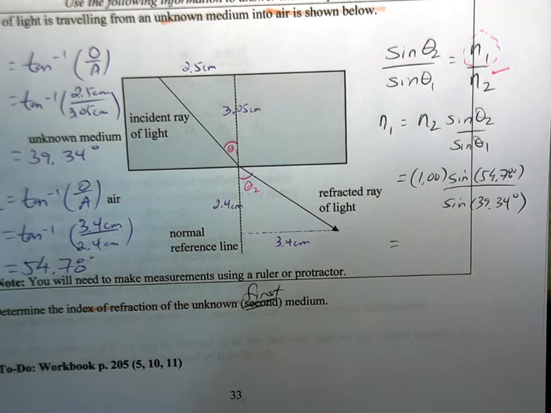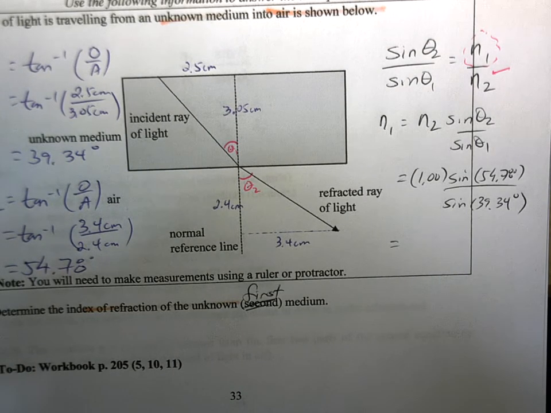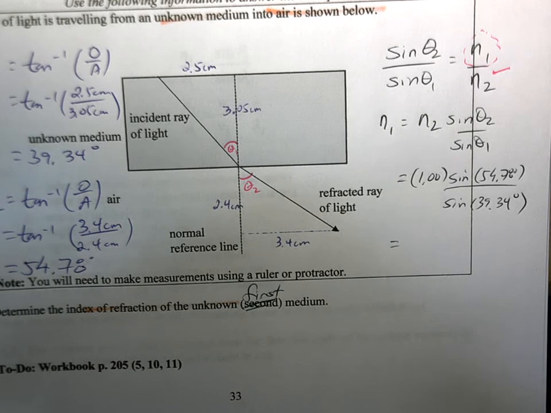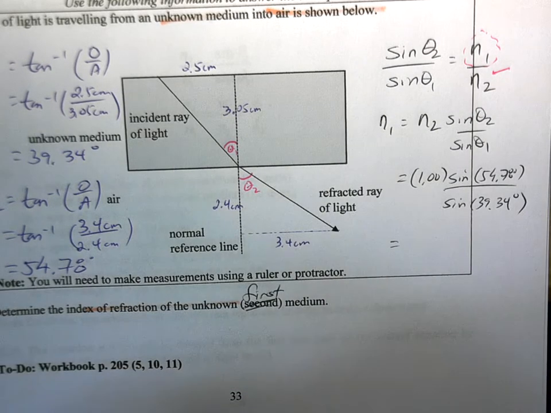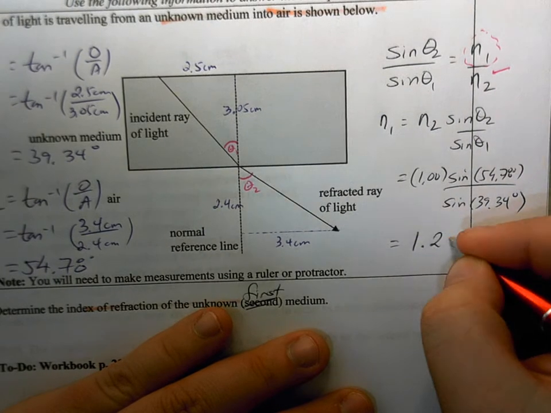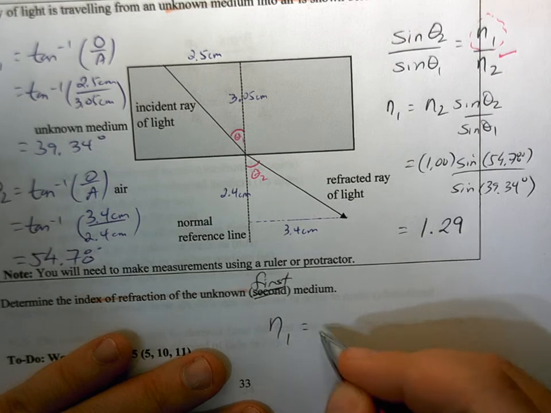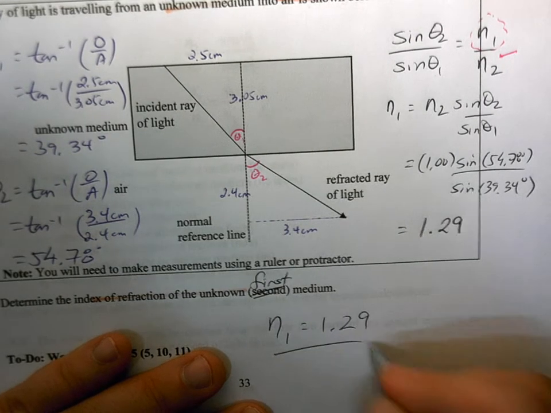So what am I going to get for this now? Hang on here, it's a real slow going process. So I am going to get about 1.29 for my index of refraction. So for me, n1 is about 1.29.